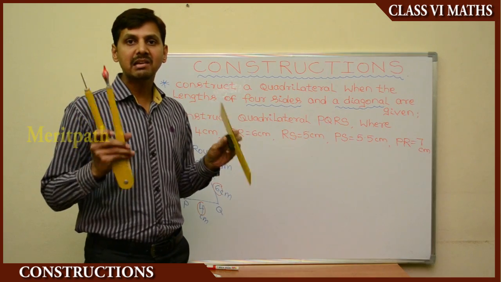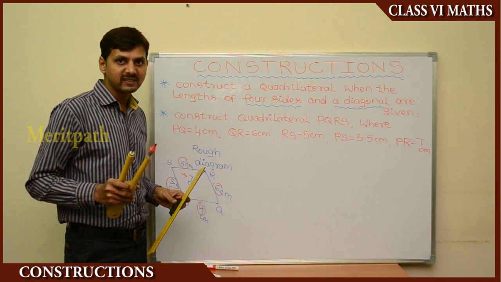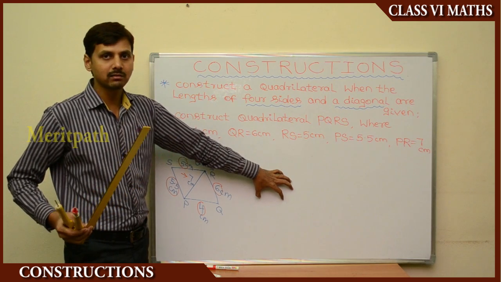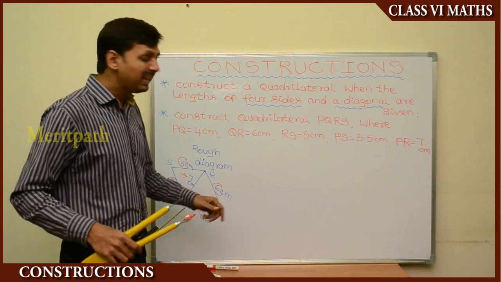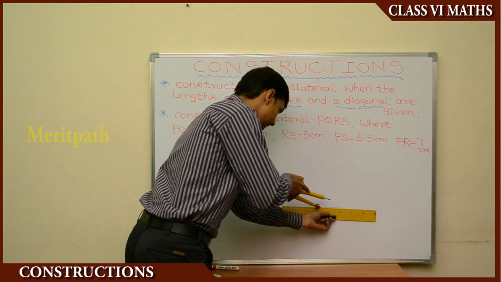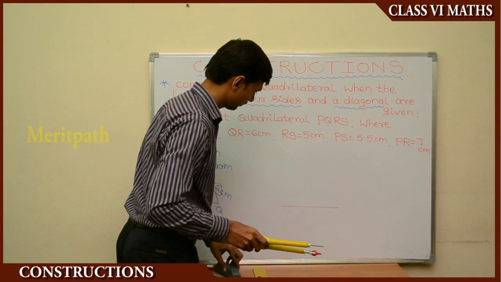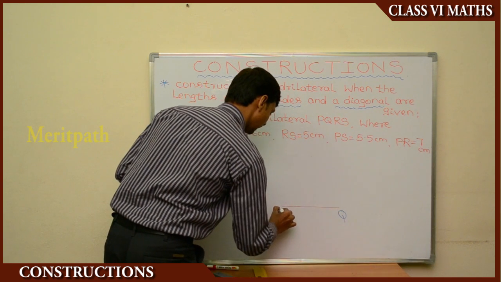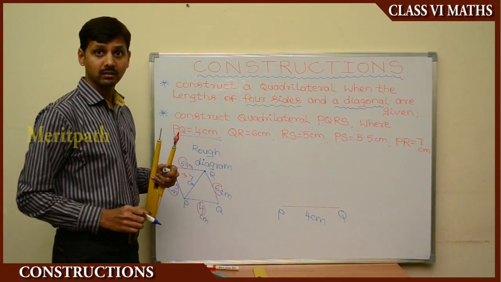We are taking approximate measurements, not exact, because 4 centimeters looks very small, so we take approximate values. So this is PQ, 4 centimeters. First we draw PQ, this side.